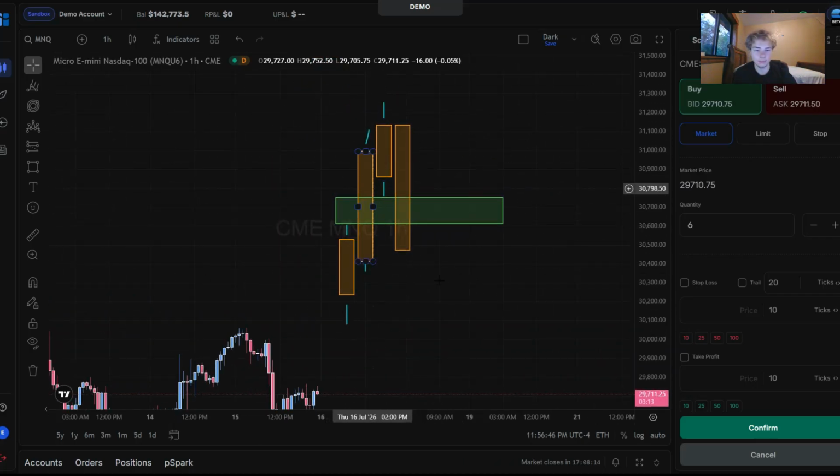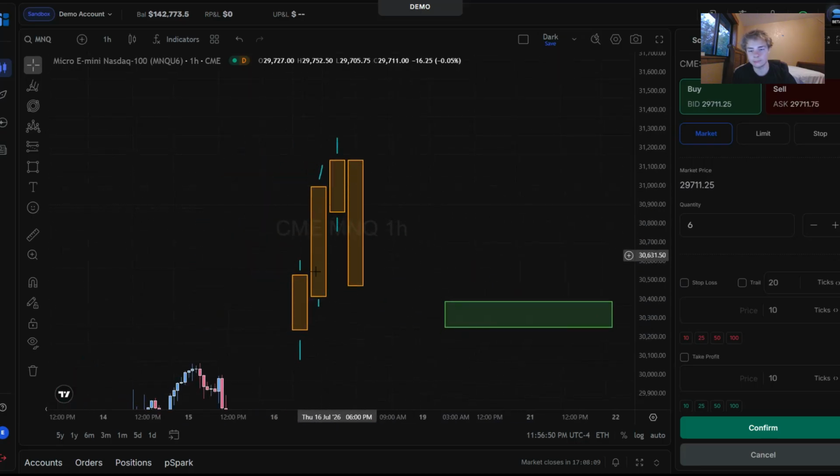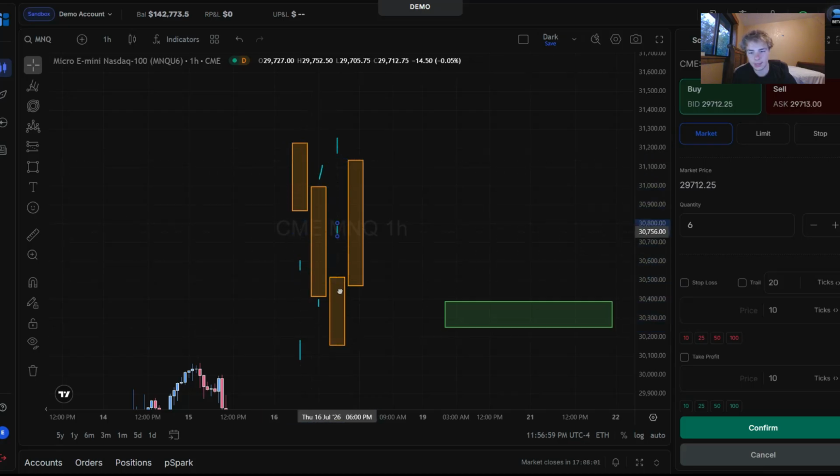So disrespected continues down. And it's the same exact thing for bearish. So that's a bullish fair value gap. Do the same thing for a bearish one, where it gaps down, it moves down so fast that it creates an imbalance.